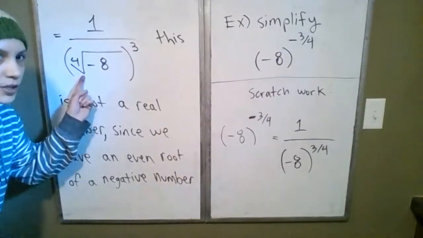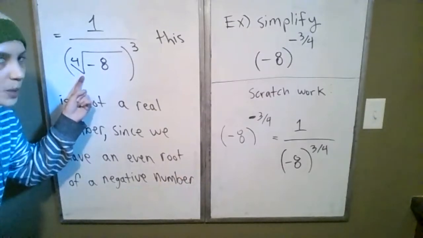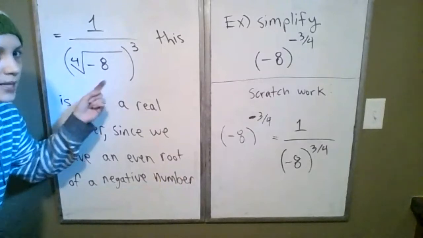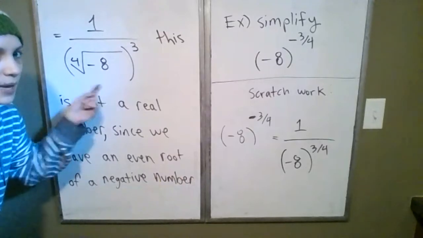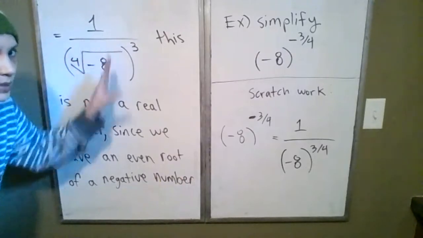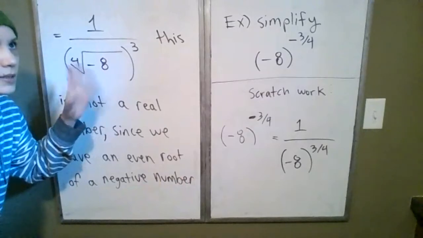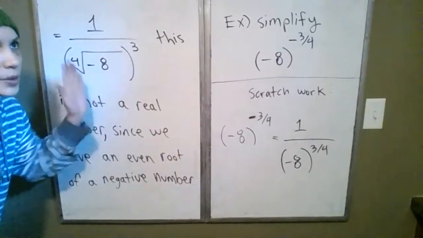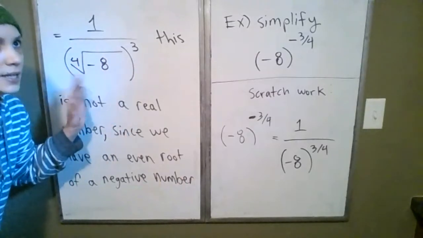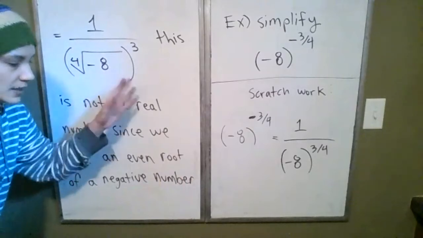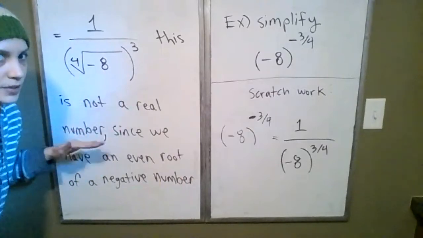So if we were in a class that did use the complex numbers, we would write this with an imaginary part. We could simplify this further, but we're stuck in the real numbers and don't go any further.